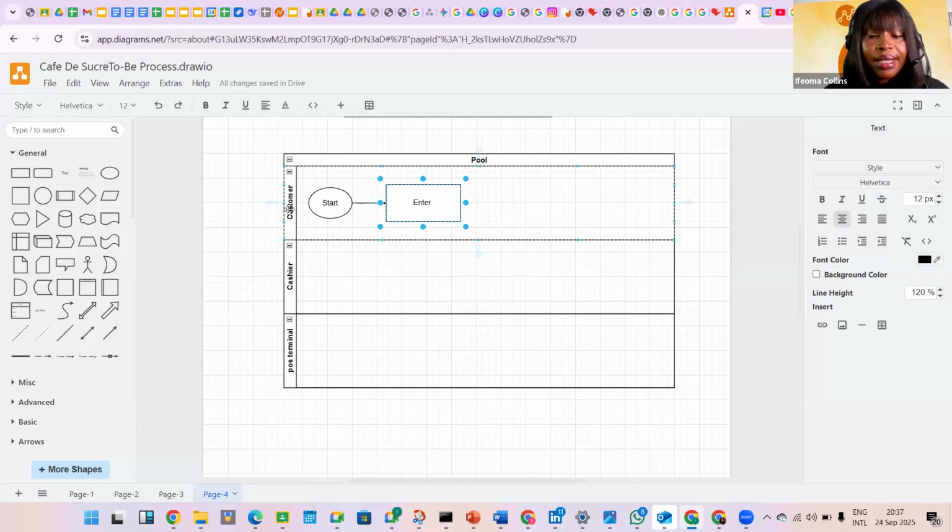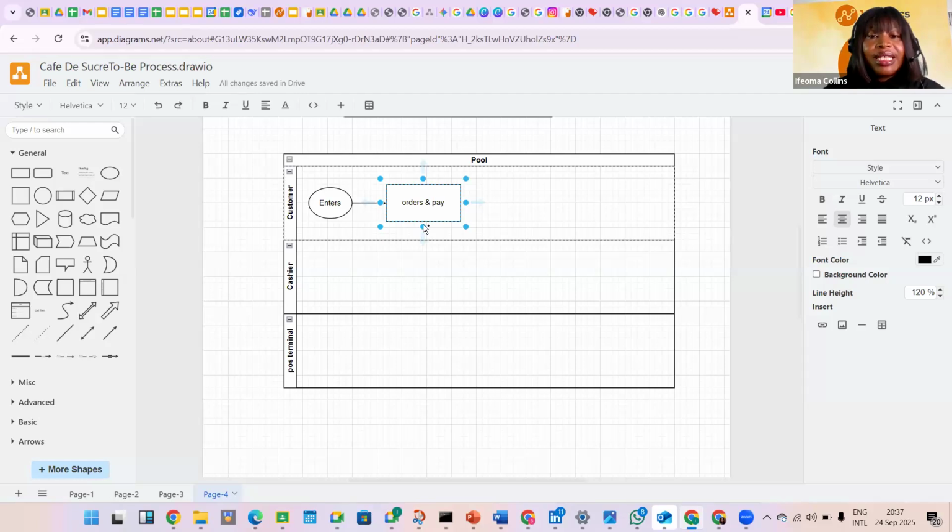Customer enters, right? Okay, so let me just start the process with enter. You can start it with enter or you start it with the first step the customer takes, orders and pay. All right.